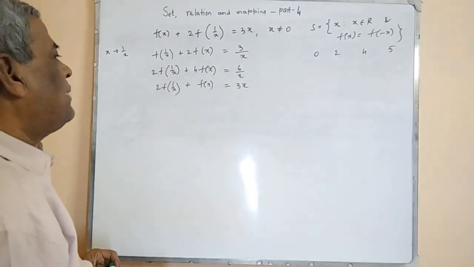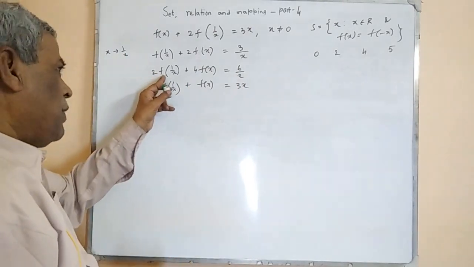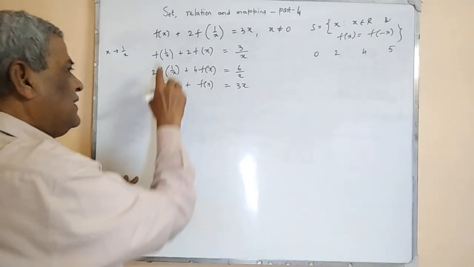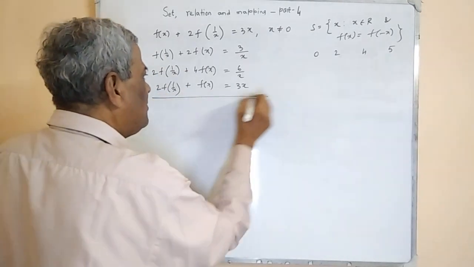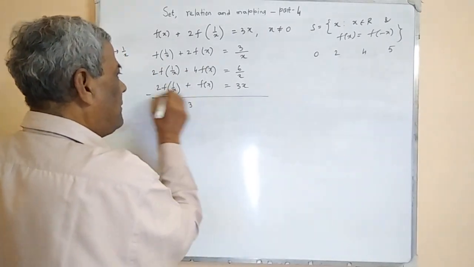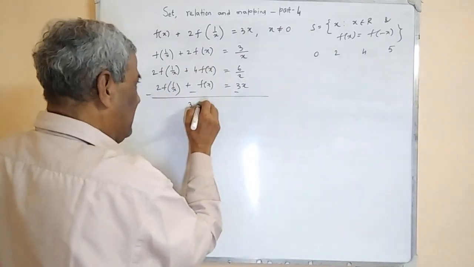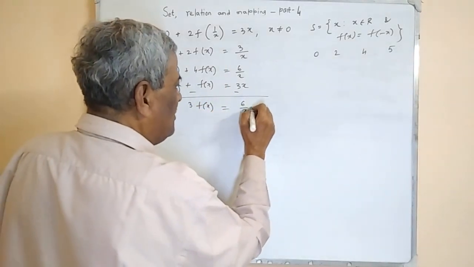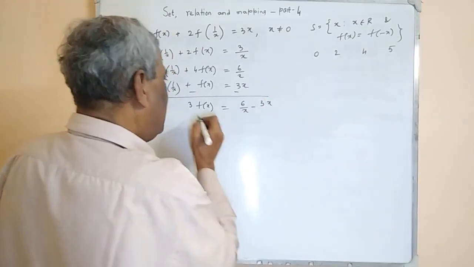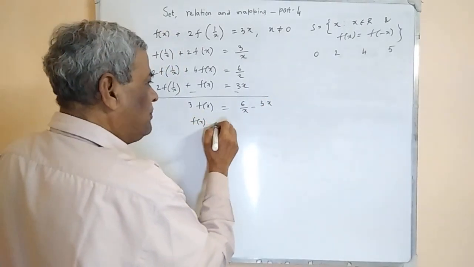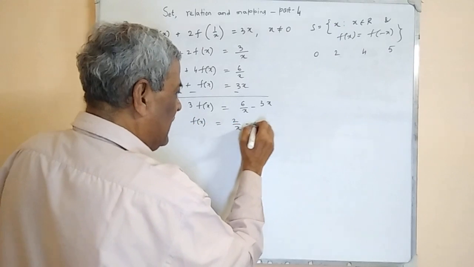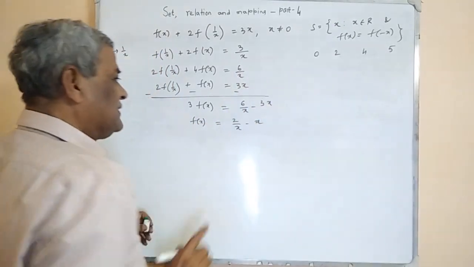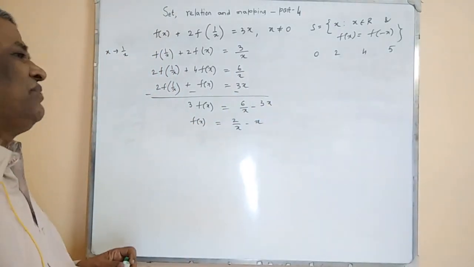And now subtract. F of 1 by x will be cancelled. Subtracting, we get 3 f(x) is equal to 6 by x minus 3x. Therefore, f(x) is equal to 2 by x minus x. So we get f(x).